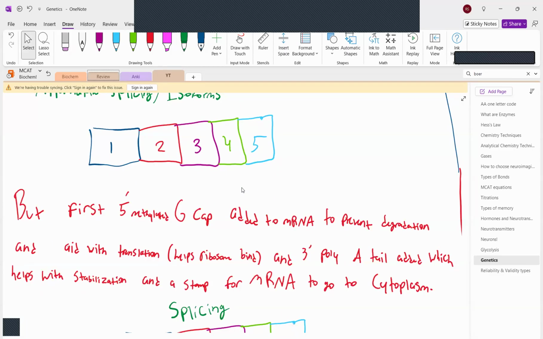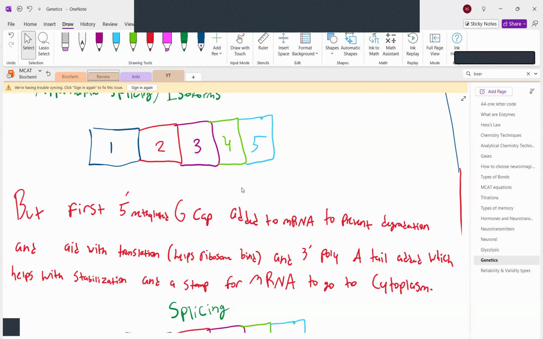Then, depending on whether most of the amino acids are hydrophobic or hydrophilic, if it's hydrophobic, it'll go to the rough ER. The rough ER is rough because it has ribosomes on it, whereas the smooth ER helps create fats. That's not something I want to go too far into in this video. But yes, that's what helps the ribosome bind in the cytoplasm.